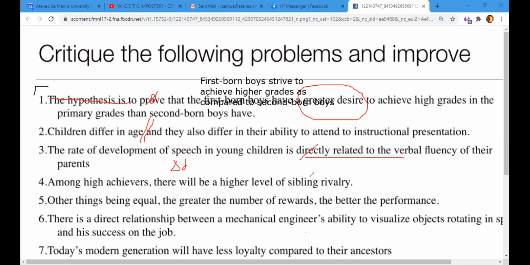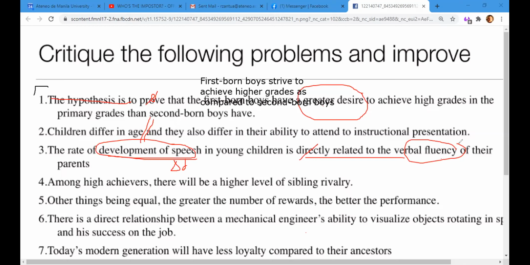Pwede bang sabihin na walang mali? I feel like meron. So we are measuring the rate of developmental speech. Okay. Number 12. Speech development. Yeah. So I think we just have to use rate of speech development. Verbal fluency and developmental speech are medyo the same construct.